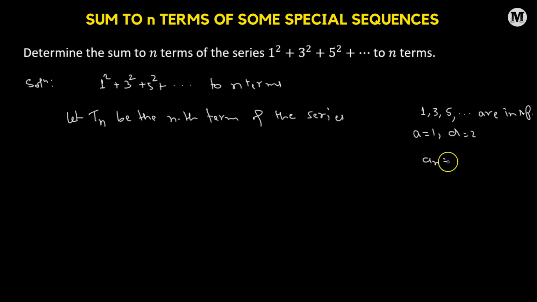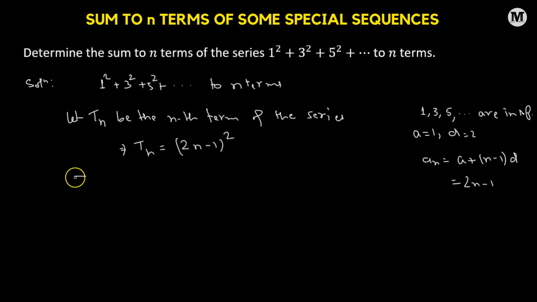The nth term of this sequence is given by a plus n minus 1 times the common difference d. Substituting a with 1, d with 2, we get 2n minus 1. So the nth term of the series is given by taking the nth term of the arithmetic progression and then squaring this value.